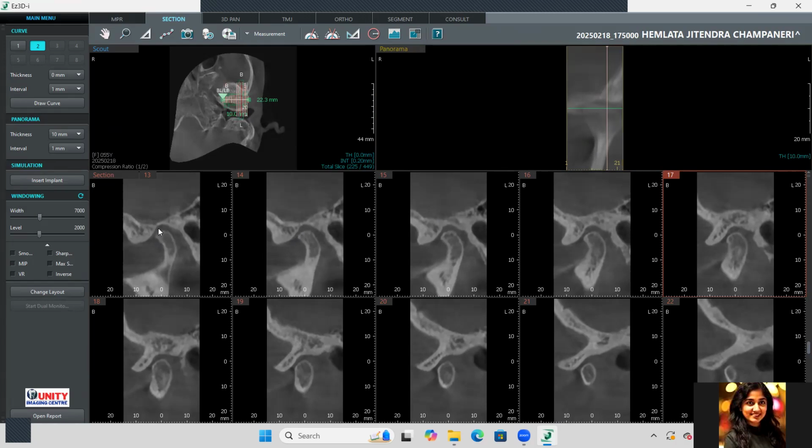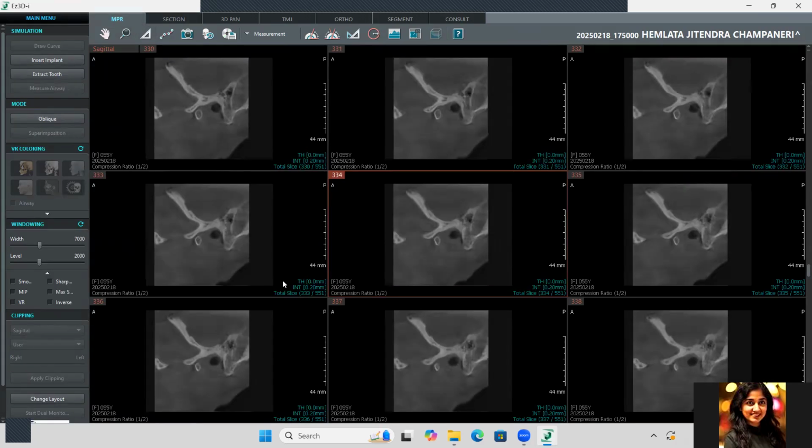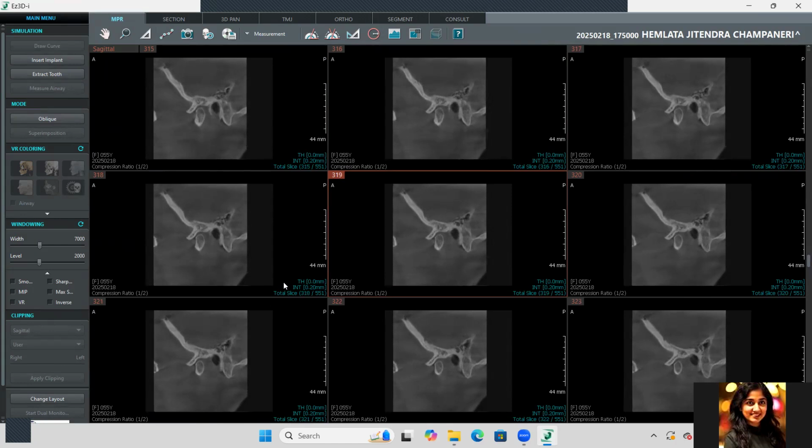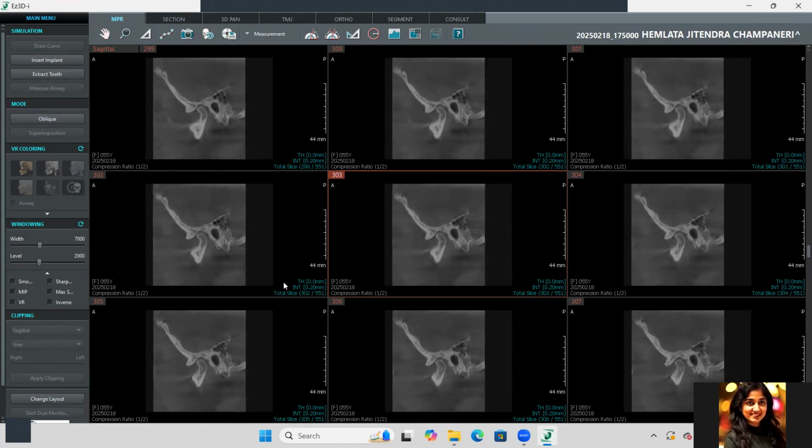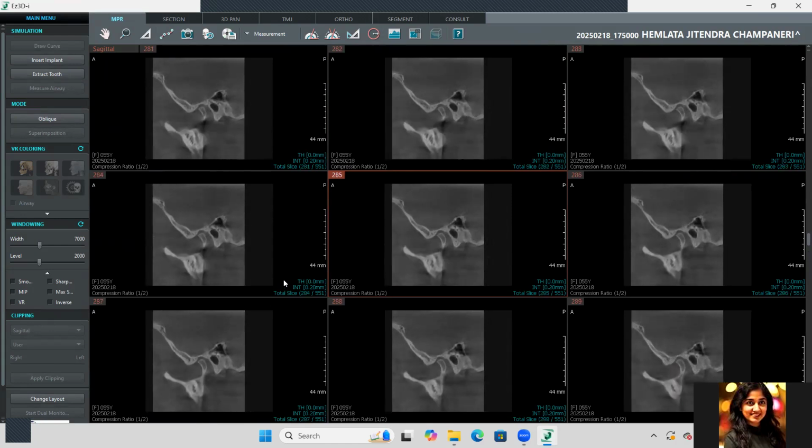But here, apart from discal changes, maybe discal changes must be there because now it has reached the TMJ. You can see the flattening of the anterior slope, and a spike in the anterior border has formed. These are the sagittal sections.